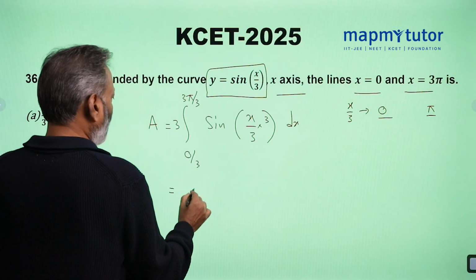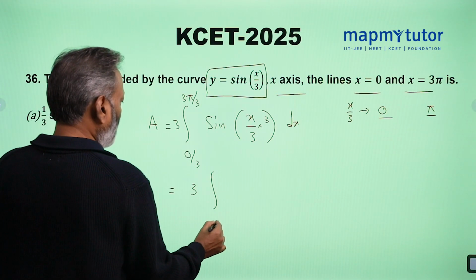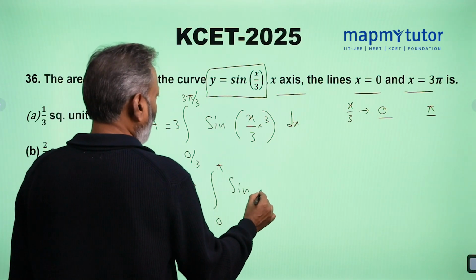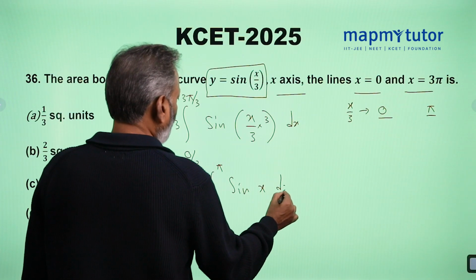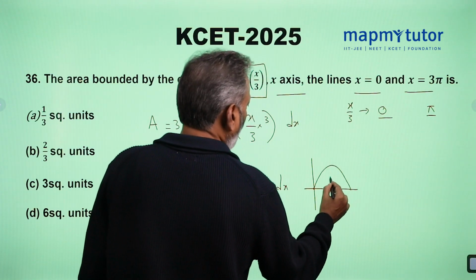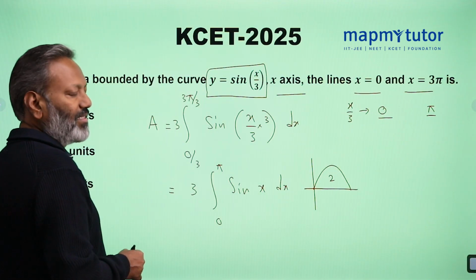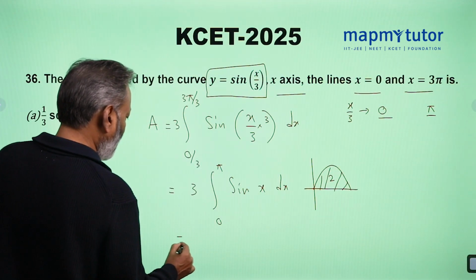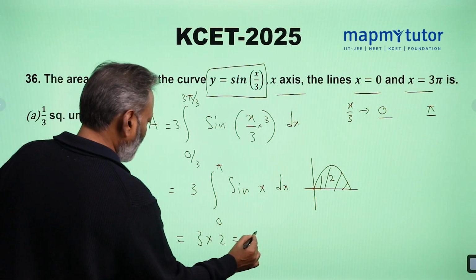Already I explained this in one more question, of course. 0 and pi are the new limits and here it is sin x dx. And in between 0 to pi, you know sin x will form one arc. And every arc of sin x or cos x has area 2 square units, okay? And therefore the answer is 3 into 2, that is 6.